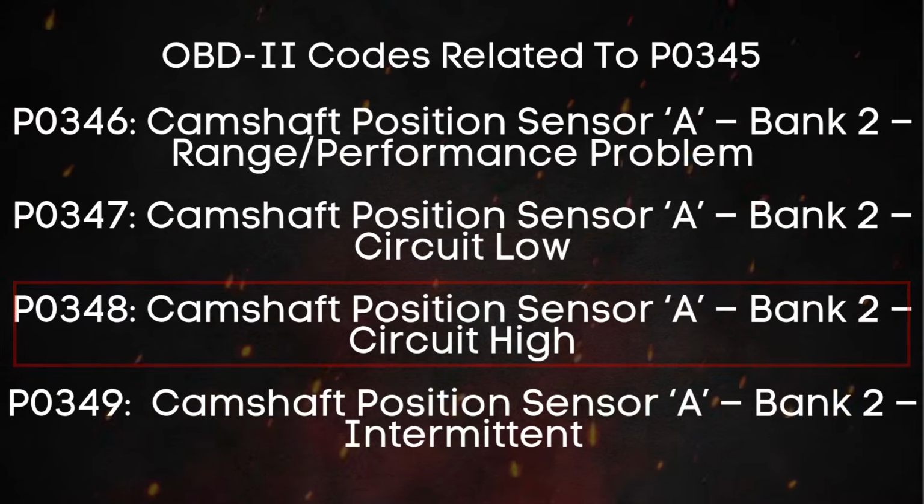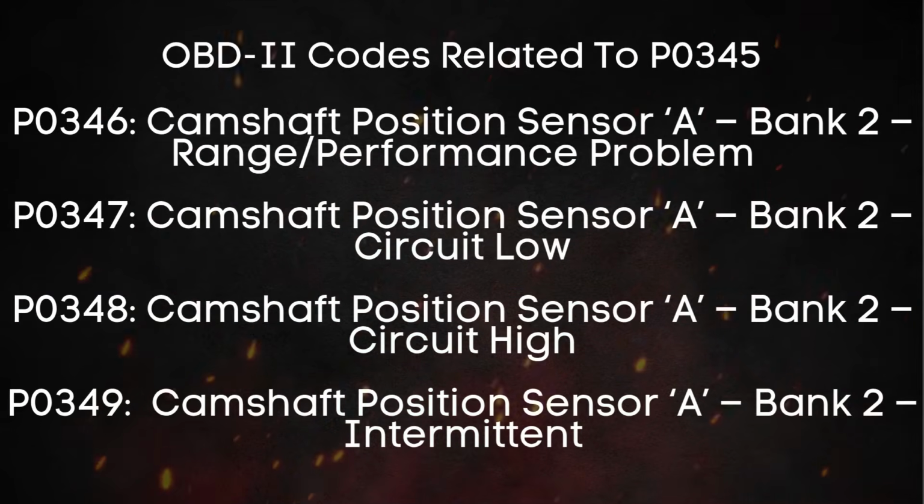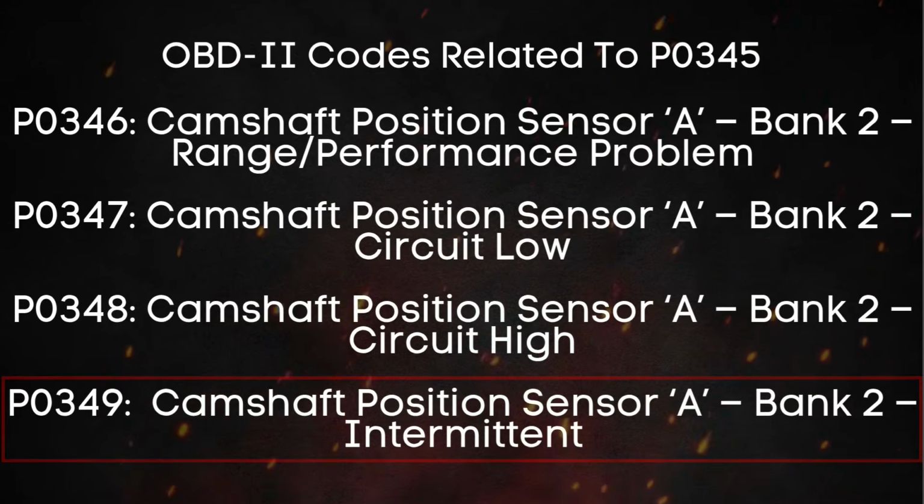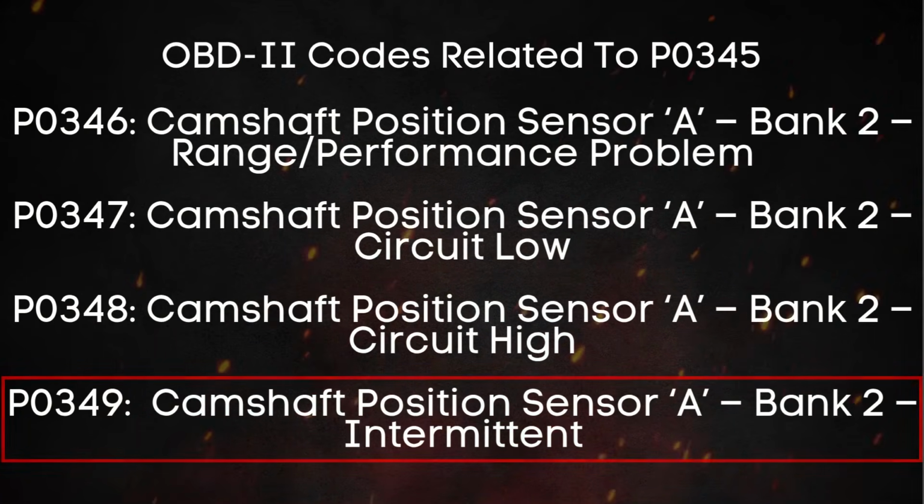It means the sensor is sending too much voltage, often due to a short circuit or a sensor that's completely failed. And finally, there's P0349, which stands for Intake Camshaft Position Sensor for Bank 2 is intermittent. It means the signal is cutting in and out.